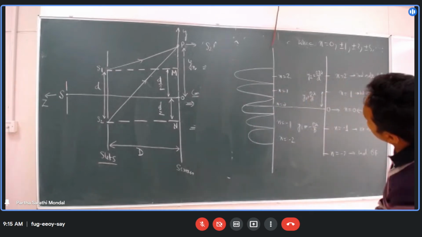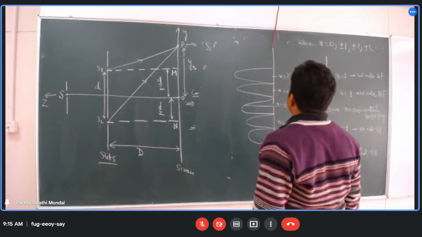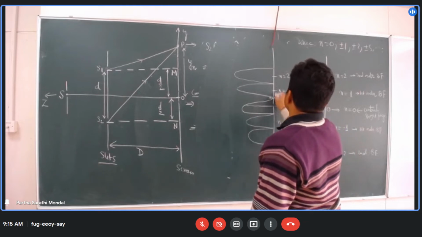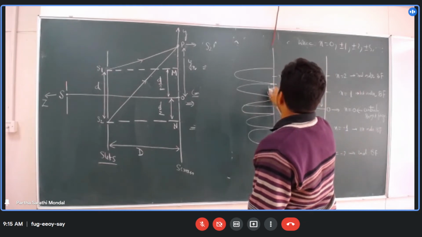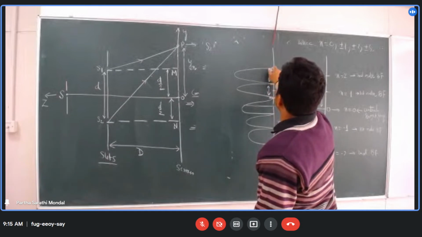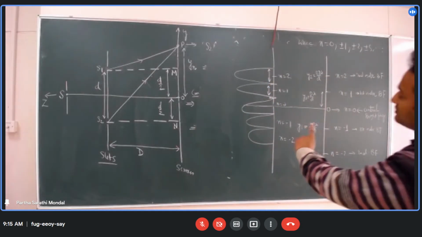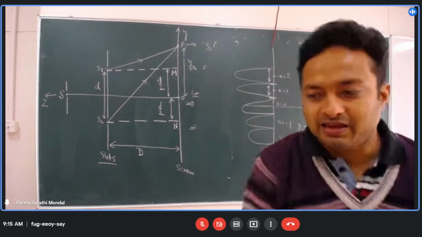Okay, so now what is the fringe width? Fringe width is actually the distance between two consecutive bright fringes, which will give you the thickness of the bright fringe. Okay, so now what is the distance between two consecutive bright fringes? Fringe width.